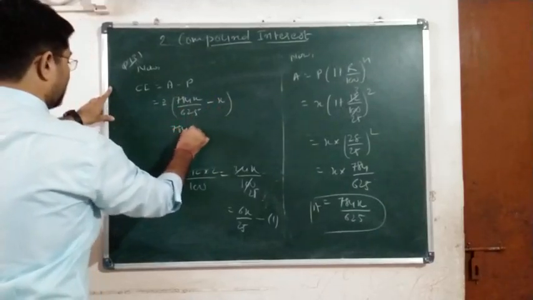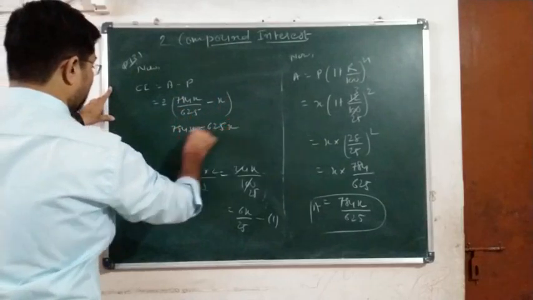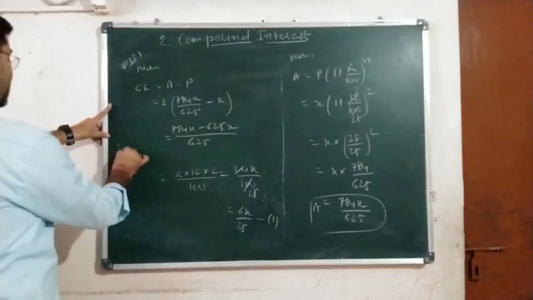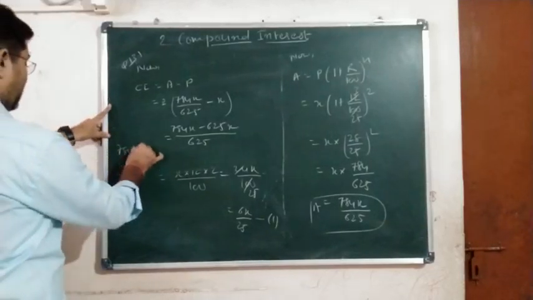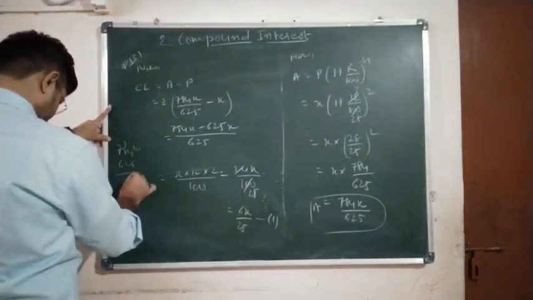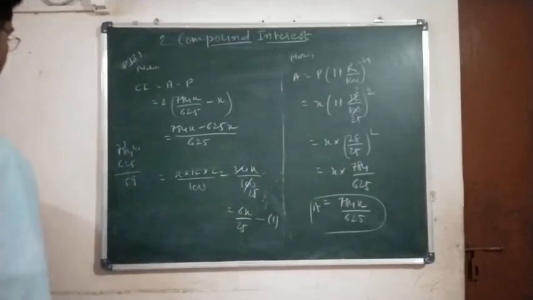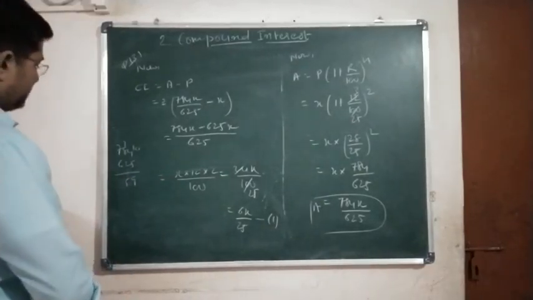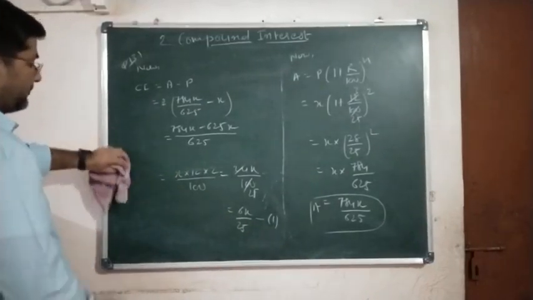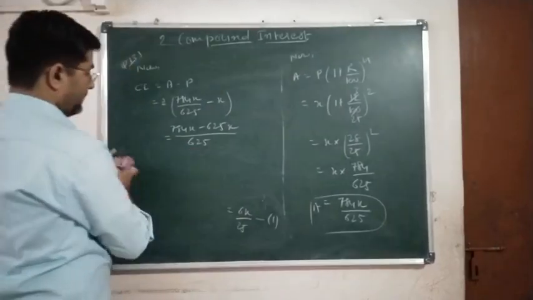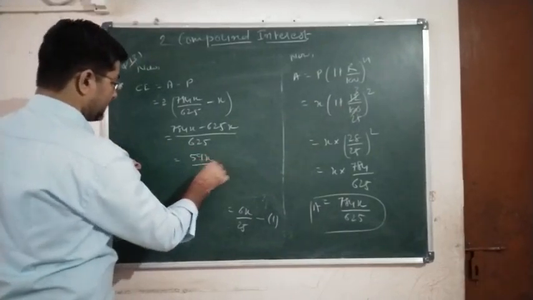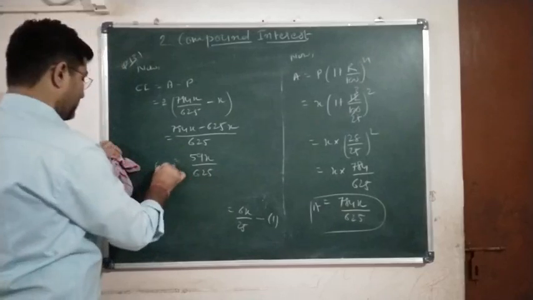So 784x minus 625x upon 625, which is 159x upon 625. Yes or no? Yes. So CI is 159x upon 625.